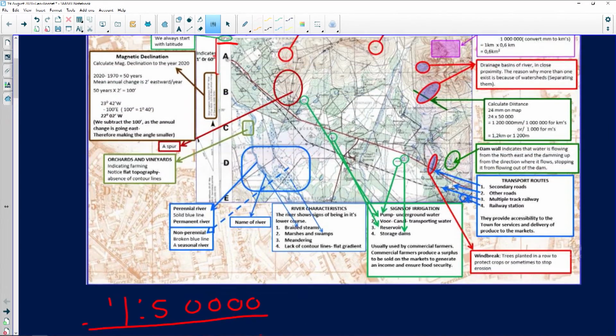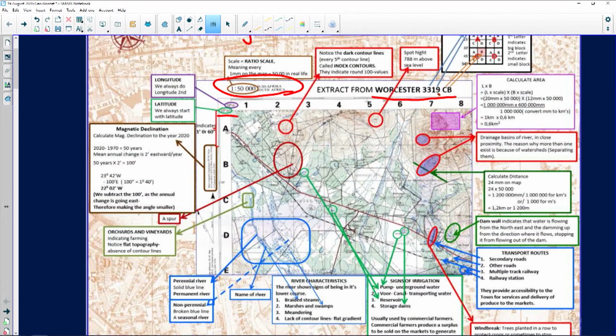Now I'm going to give you an example from this map. Let's assume we need to calculate the distance from spot height 788, situated over there, to, they've mentioned over here, a storage dam situated over there.